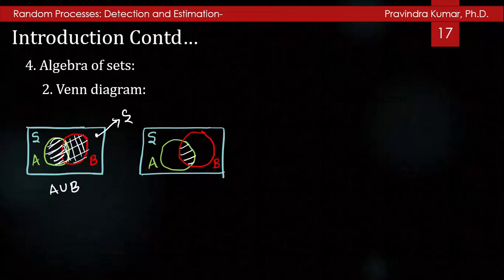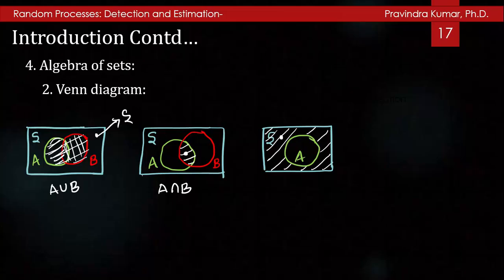Another: what will be the shaded region? Here you can see that the shaded region contains the sample points which are common to both A and B. So it will be A intersection B. In this one you can see that the sample points belong to S but don't belong to A. So this will be the complement, A bar.